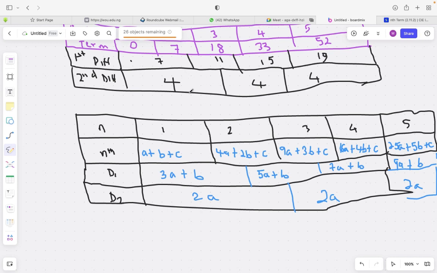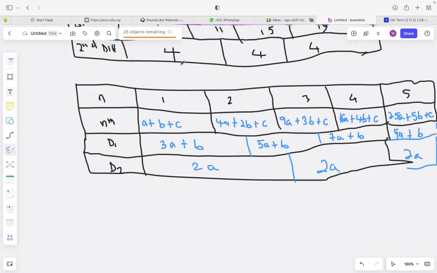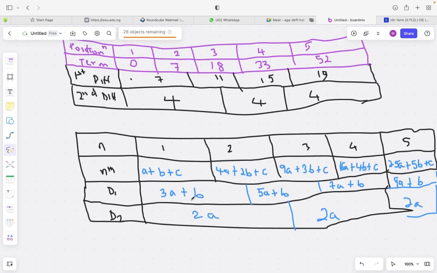So since we have got a table that tallies, we will not do comparison. To find a, you have to compare this place with this place. You have to say 2a is equal to 4.